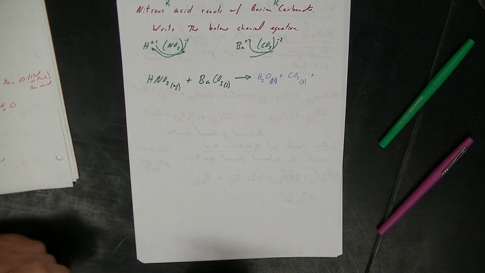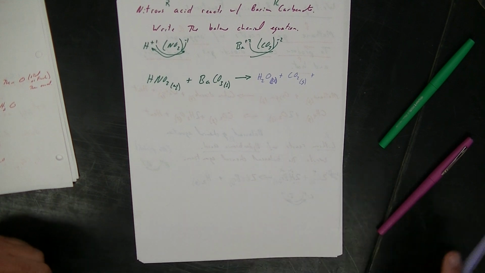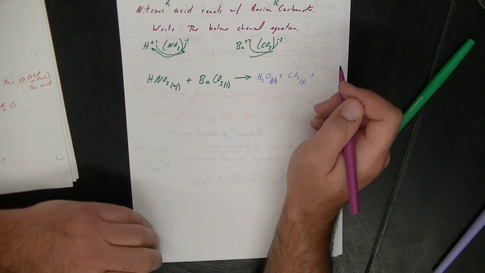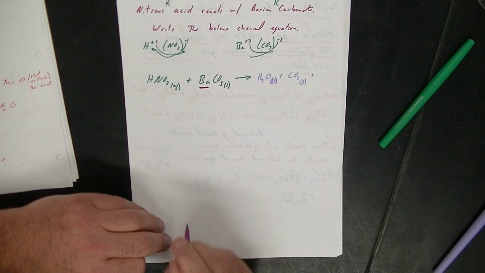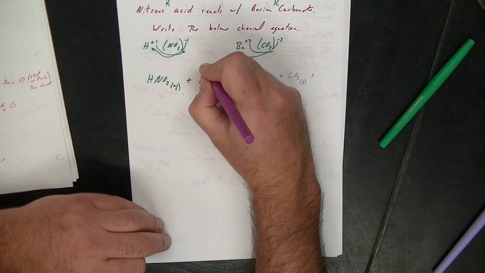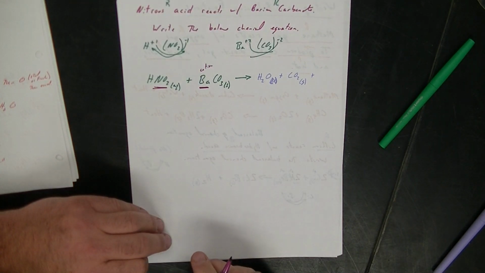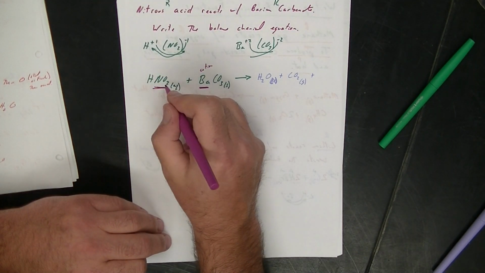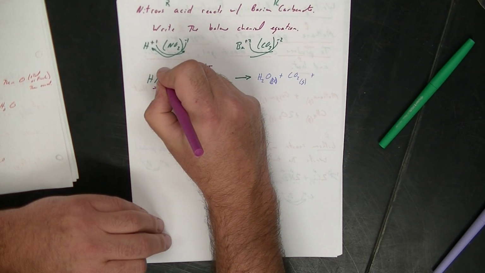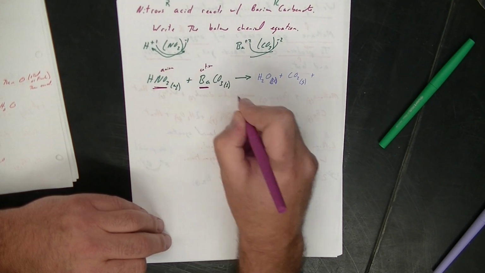Okay. And how did we get the salt? Well, remember we said we use the cation of the carbonate and the polyatomic of the acid. This is your anion. And we crisscross those.